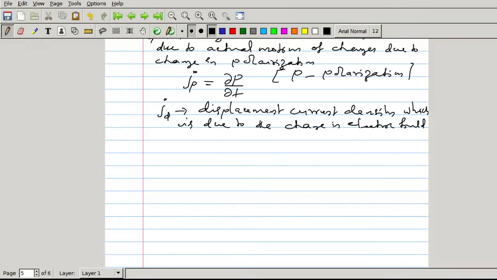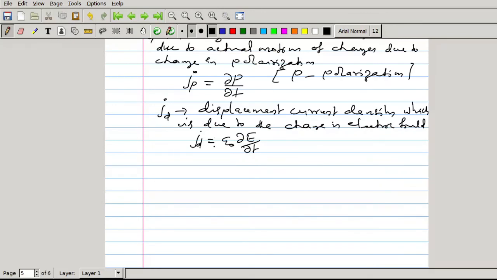That term is J_D equal to epsilon 0 dou E by dou T. So the last term is the modification in Maxwell's equation, the modified Ampere circuital theorem. So the fourth Maxwell's equation is the modified Ampere circuital theorem.